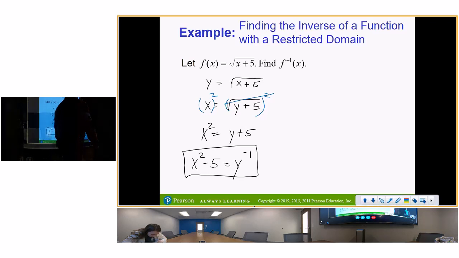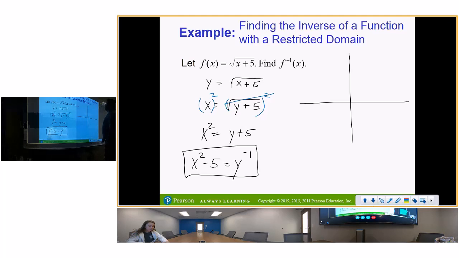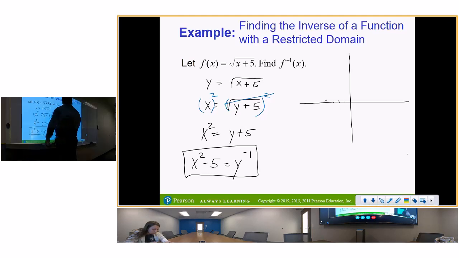I'm not going to graph them on the calculator because I know my parent graphs. What does that square root function have? It has a horizontal shift of 5 to the left. So 1, 2, 3, 4, 5.